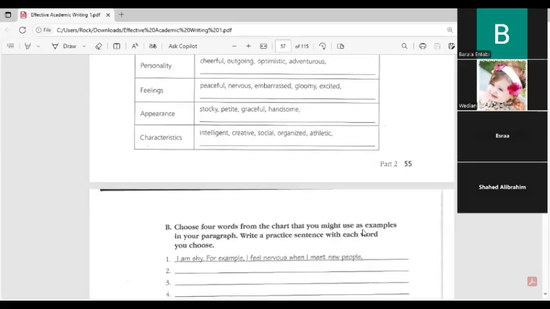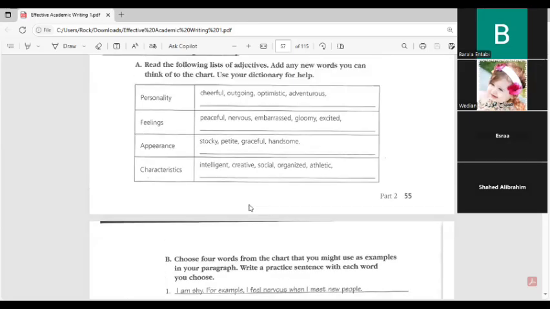For example, I eat healthy food every time to be this way, and I have, for example, a slim or attractive shape. Very good.